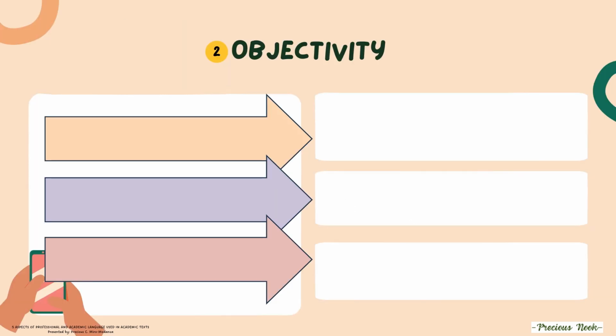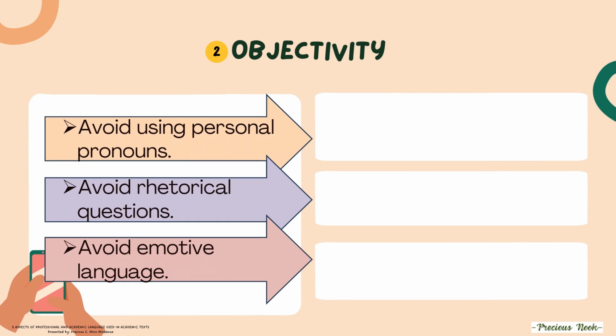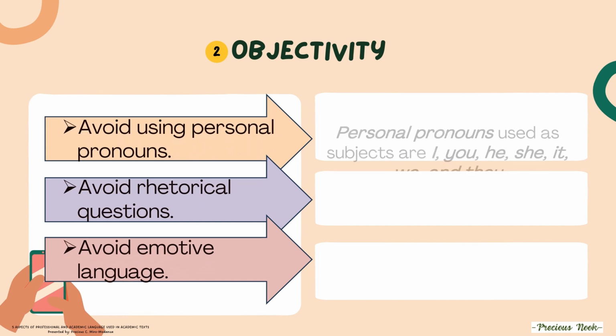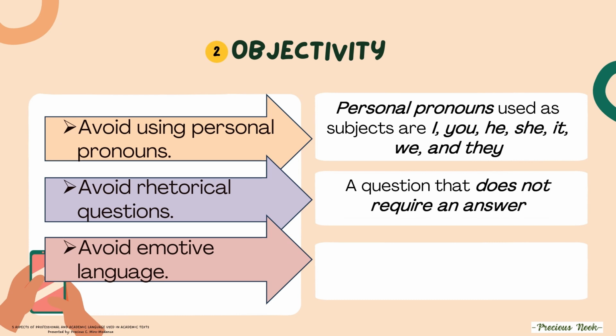In academic writing, the author must be impersonal and maintain a certain level of social distance. First rule is to avoid using personal pronouns. A personal pronoun is a short word we use as a simple substitute for the proper name of a person. Another is to avoid rhetorical questions. This is a question that doesn't need an answer. You may hear it in a speech.